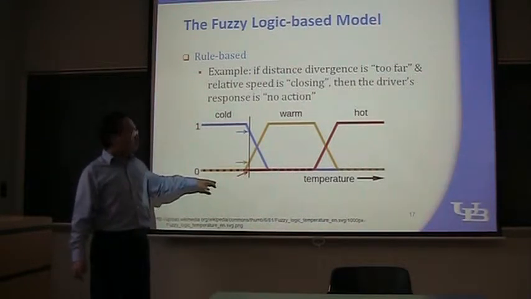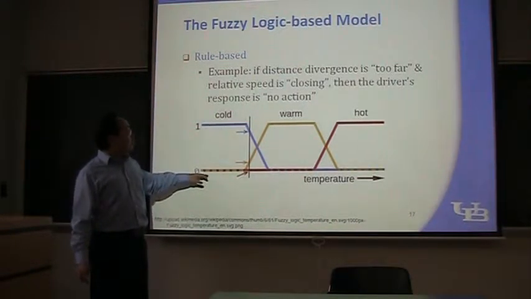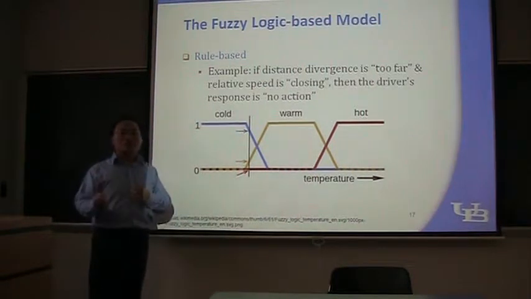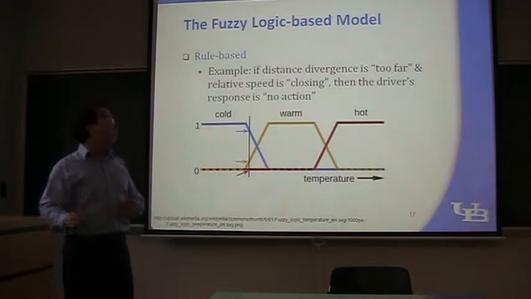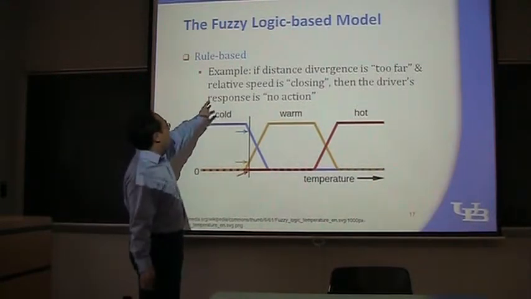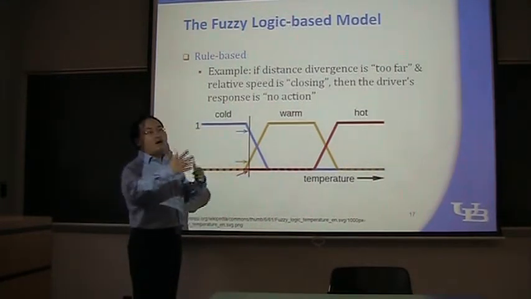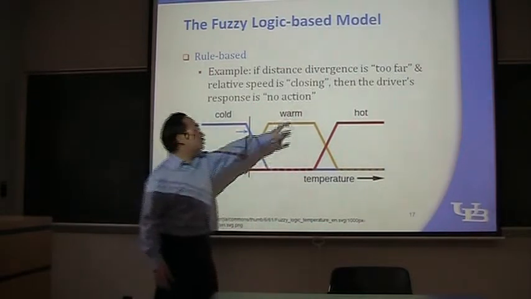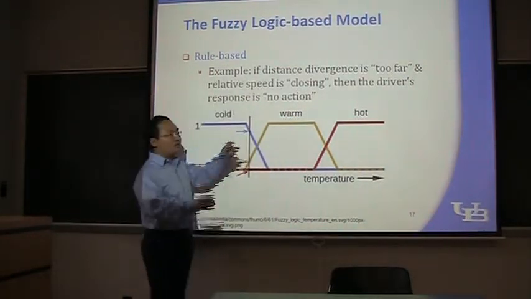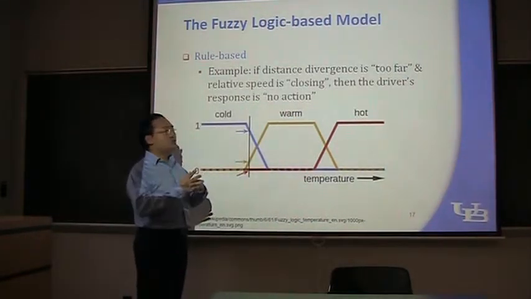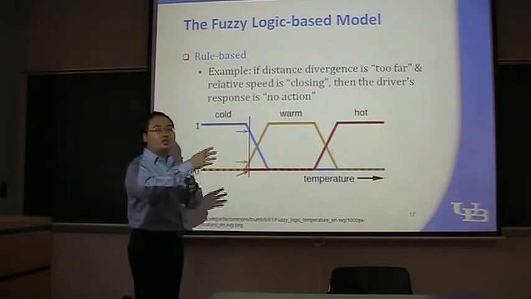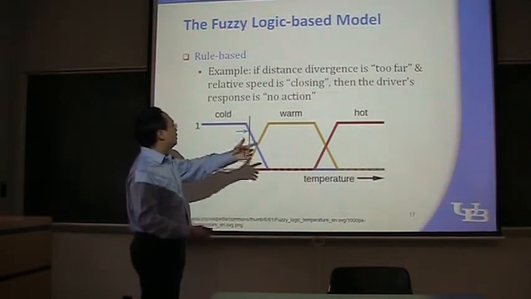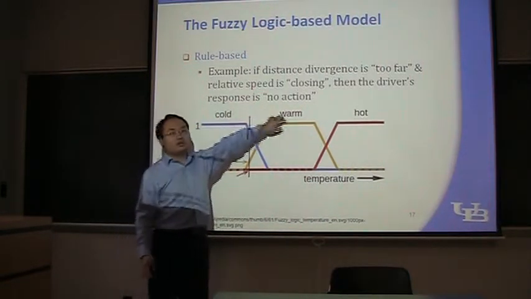Fuzzy logic is based on rules. So you make your decision based on some rules. In a typical rule like this, if the distance is too far, and if our relative speed is closing, which means I'm approaching the vehicle ahead of me, then the driver's response is no action.